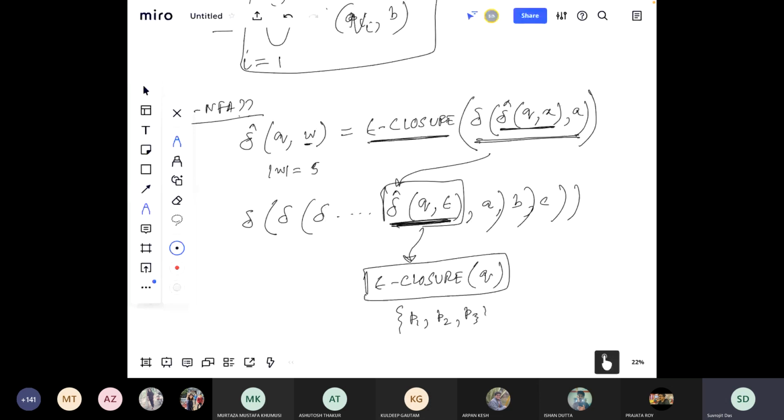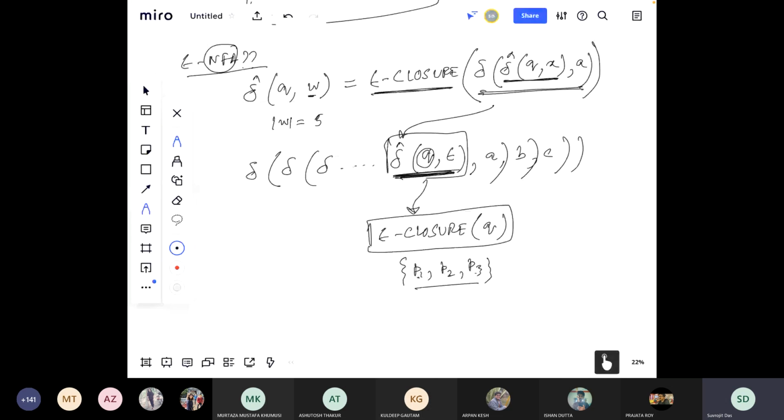Q may go to P1, P2, P3, a set of states, because it's an NFA. It may go to 3 states P1, P2, P3 on epsilon. So to be safe, this del hat is interpreted as epsilon closure of q, and you have some P1, P2, P3, something like this, right?